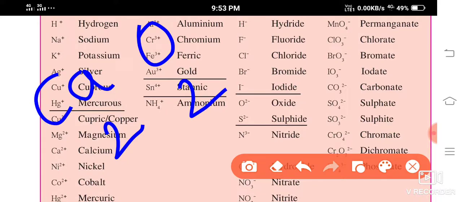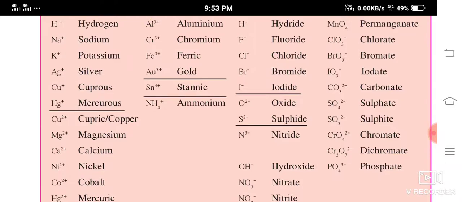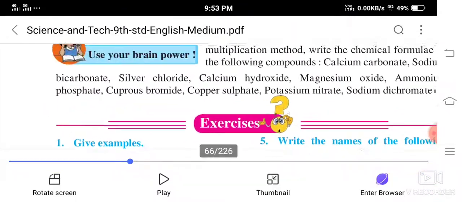So 2 and 2 will get cancelled. It is CaO.